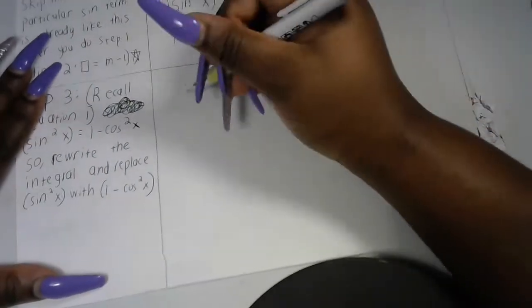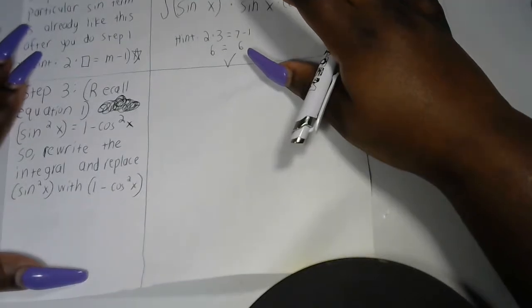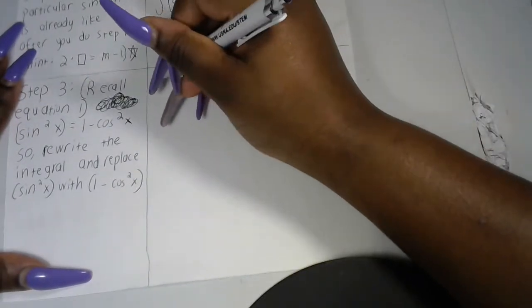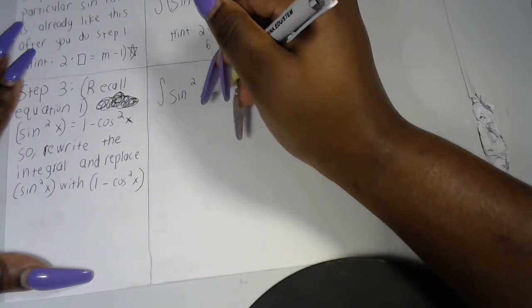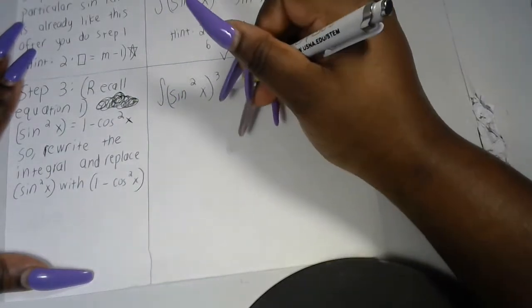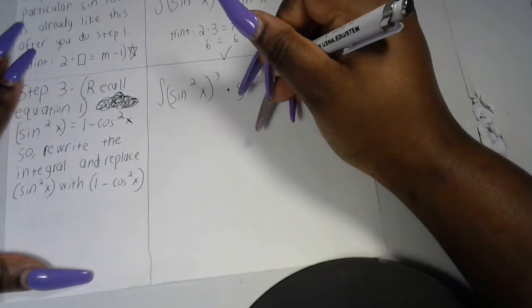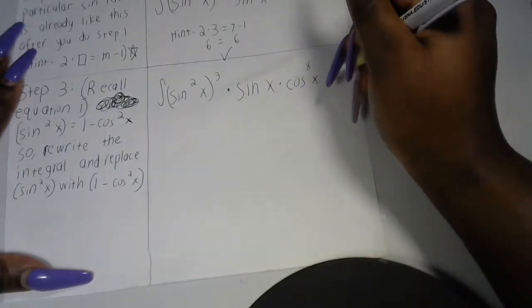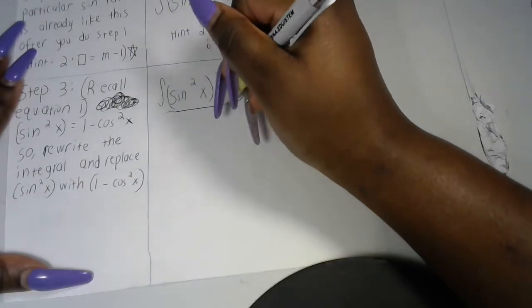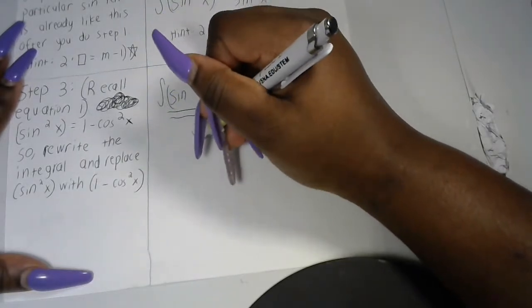So far what we have is the integral of sine x squared to the third power times sine x times cosine x to the 8th power dx. We're going to take this term and rewrite it.